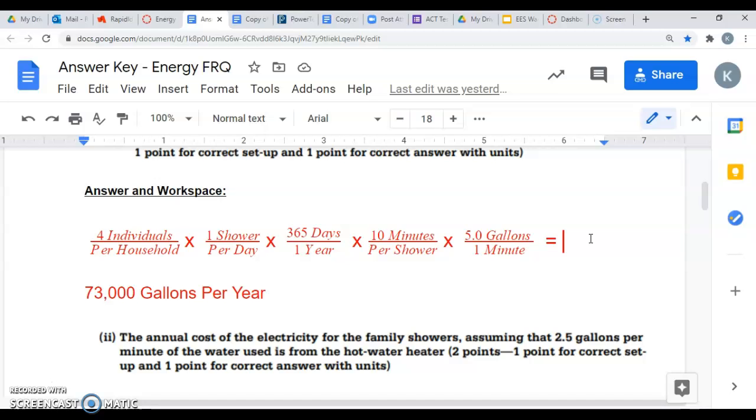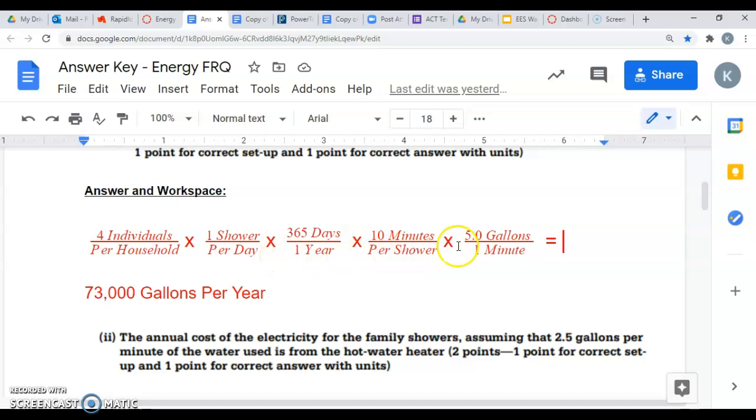And then we know each of those showers is 10 minutes long, so we'll multiply by 10 minutes. And then we know that the shower uses 5 gallons per minute, so we're going to need to multiply by 5. And we can see here where our units cancel. Even though this one is a simple multiplication all the way through, we can still see where our units are canceling out.